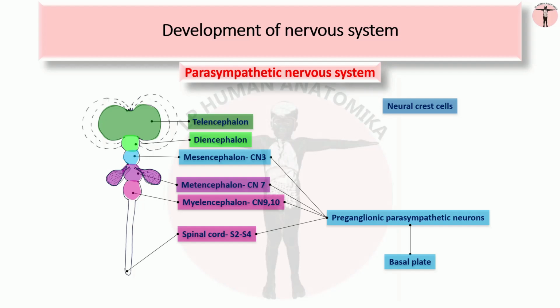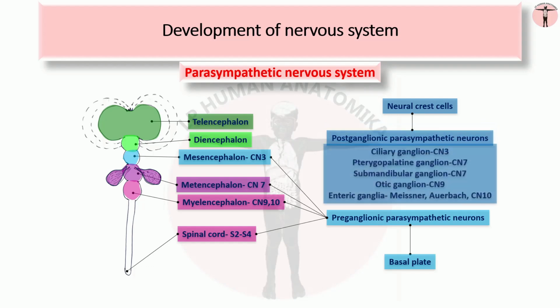The neural crest cells give rise to postganglionic parasympathetic neurons present within the ciliary ganglion of cranial nerve 3, pterygopalatine ganglion of cranial nerve 7, submandibular ganglion of cranial nerve 7, otic ganglion of cranial nerve 9, enteric ganglia of the gut, that is Meissner and Auerbach's plexus, and cranial nerve 10, and abdominal or pelvic cavity parasympathetic ganglia.